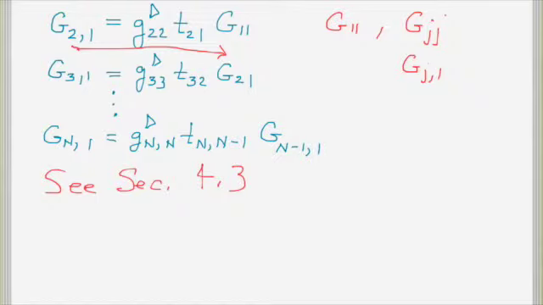So that's the set of equations that constitute the recursive Green's function algorithm the way we use it. There are other forms, but this is computationally most efficient in terms of the minimum number of calculations to get exactly the blocks that you need to calculate current and electron density.